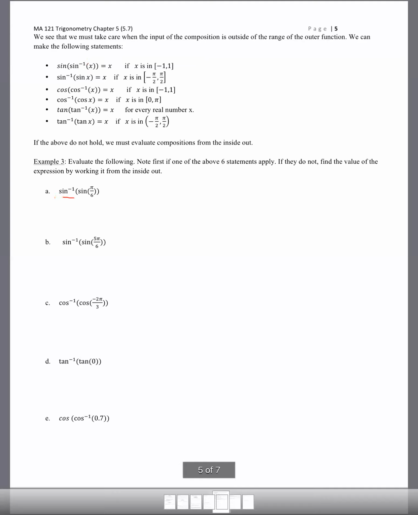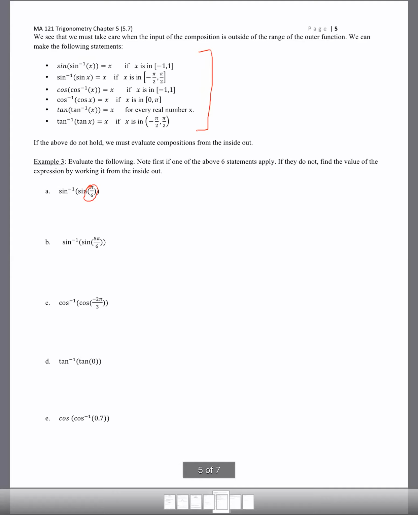And we noted that if the input value falls within a certain interval, then we can utilize this list. The interval has to do with what we restricted the domain of the inverse functions to be, or the domain of the functions to be, in order to find the inverse, I should say.